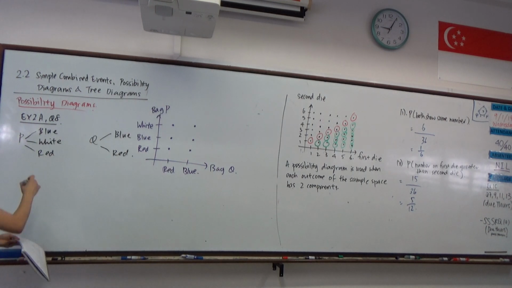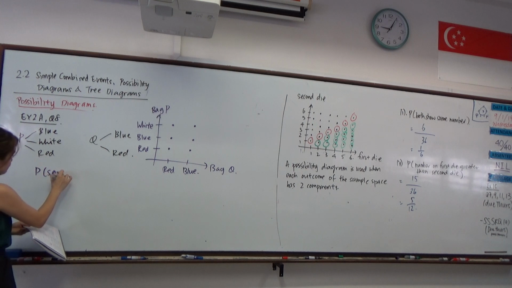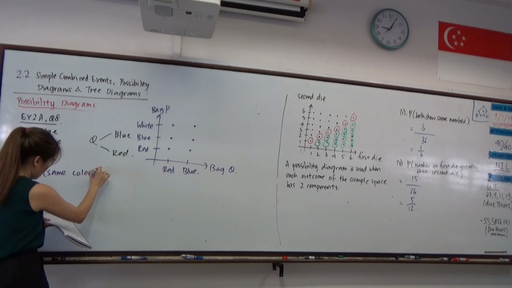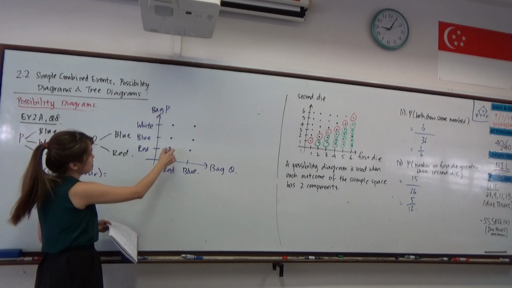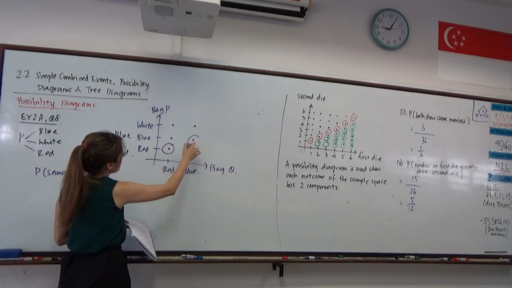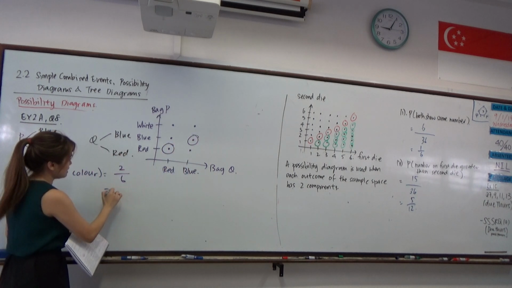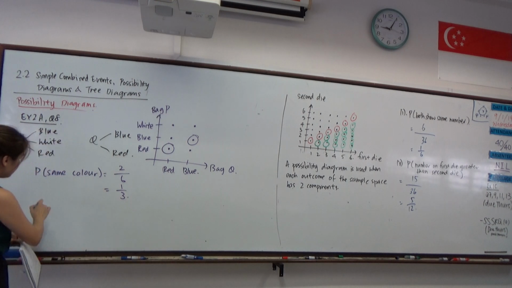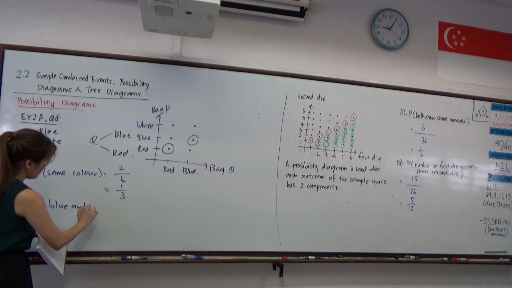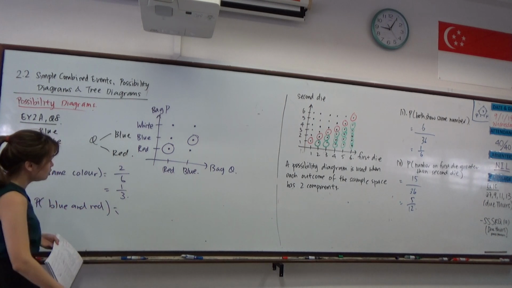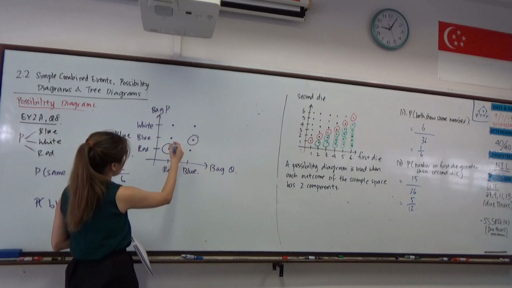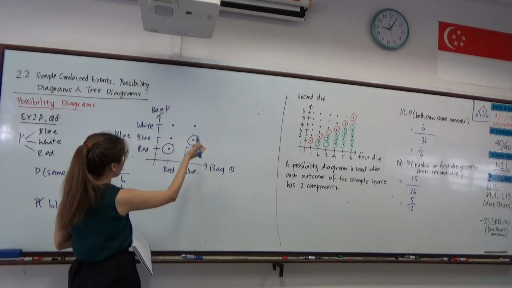And then after that, the way we find the probability of same color: same color means red, red and blue, blue. So it's still 2 out of a total of 6, so that's 1/3. And then blue and red, so it is either this or this.